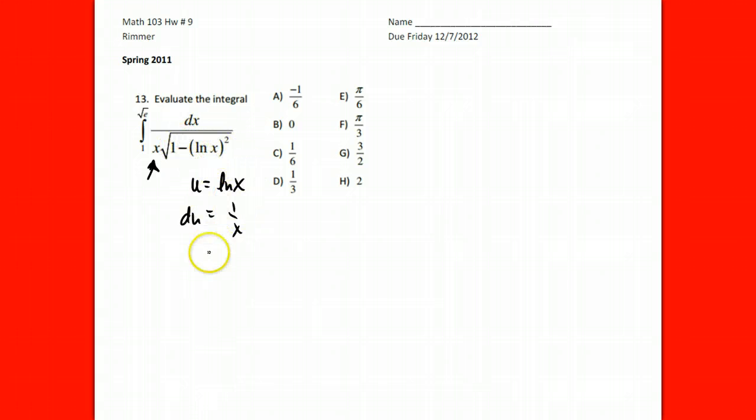And so we end up with 1 minus u squared underneath a root, replacing the root, and then the 1 over x dx gets replaced with du.